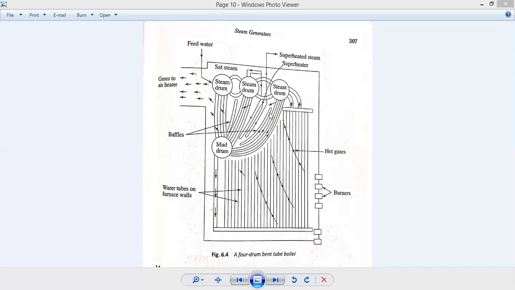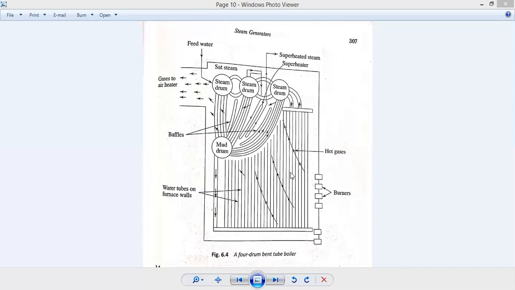After superheating, it goes out to the turbine itself. The superheater is also being heated by this hot gas, and the portion which is not sent to the superheater goes to the third drum, and its muds come down in the mud drum itself.